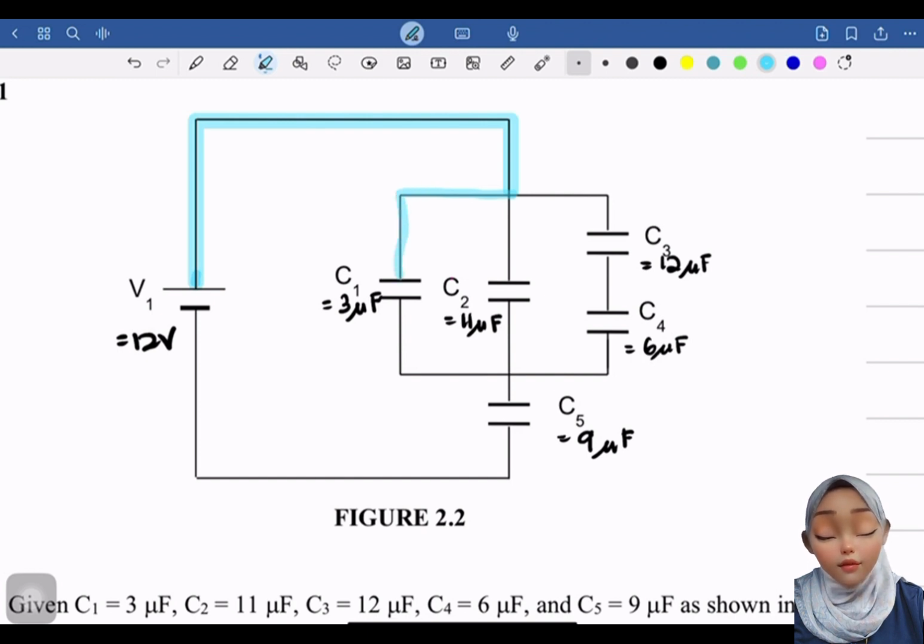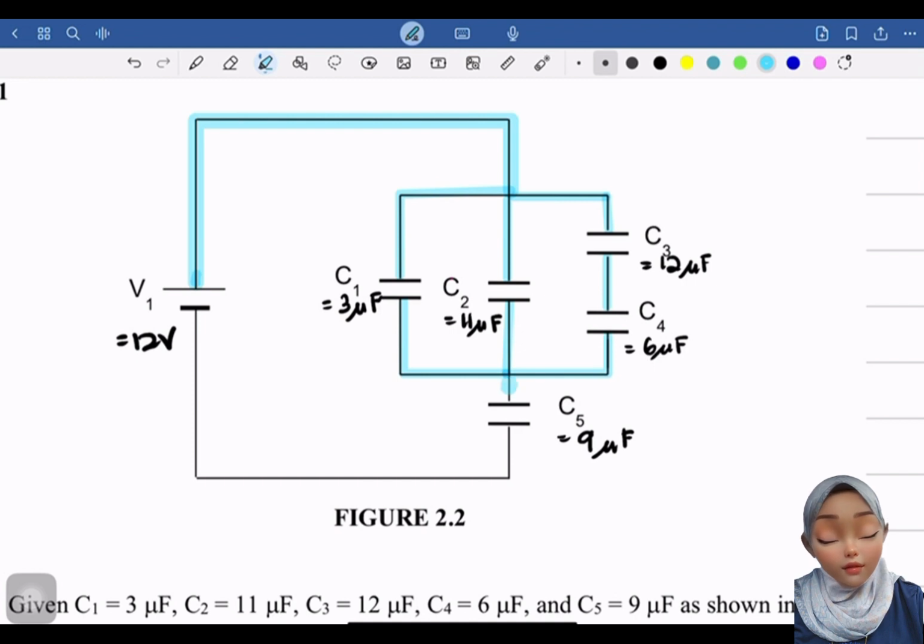And then it passes through C1 and goes back to one point. Then the second river passes through C2, and then it goes to the same point as C1. And then the river number 3 passes through C3, and then passes through another C4, and then combines back.